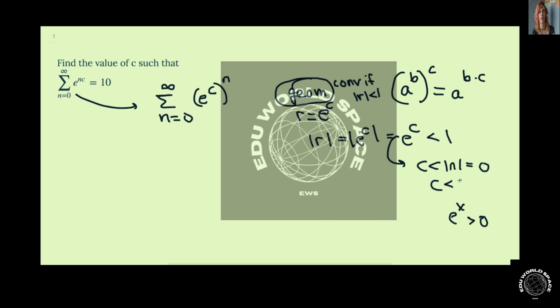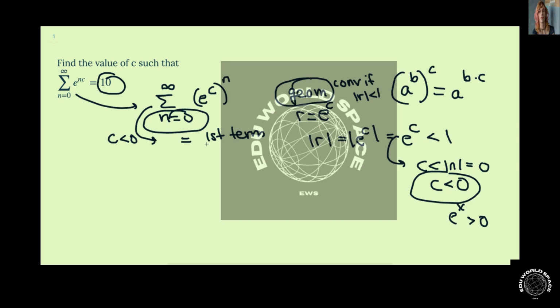So if c is less than 0, then the series will converge, but that's not enough because we want to know also when the sum equals 10. So assuming that c is less than 0, so this assumes it converges, we know that the sum of the geometric series will equal the first term of the series that you get by plugging in n equals 0, over 1 minus r.